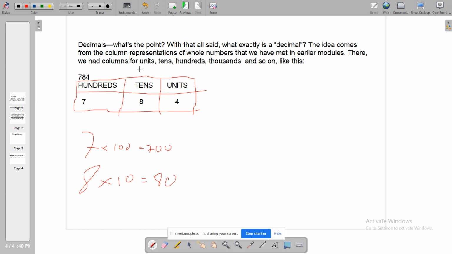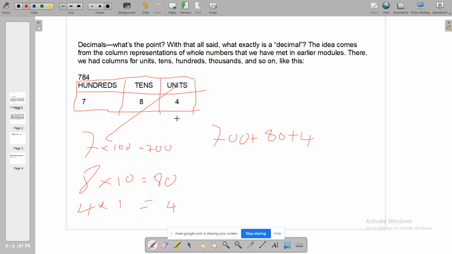Unit is 1, so 4 of ones will also give us 4. So when you see this number, the breakdown is 700 plus 80 plus 4. That's actually what this number means.